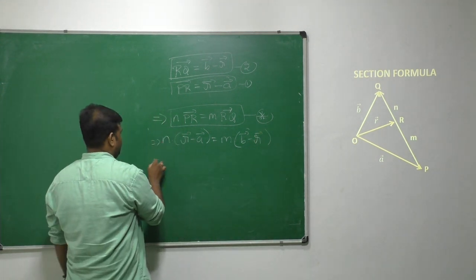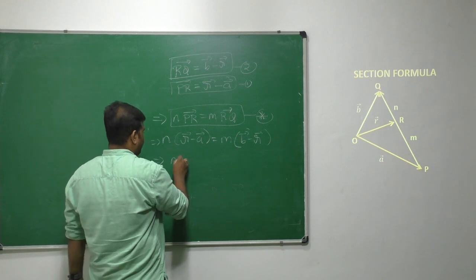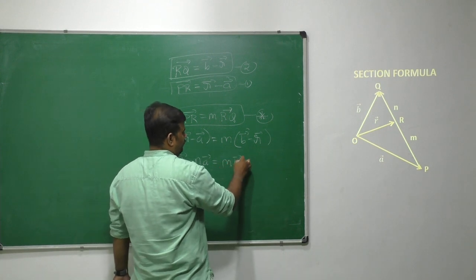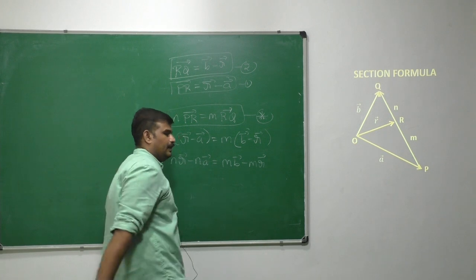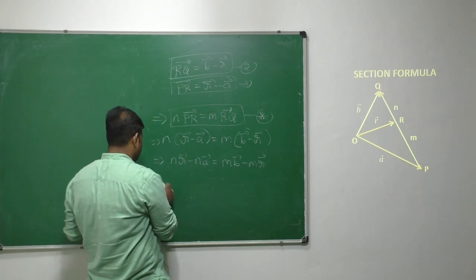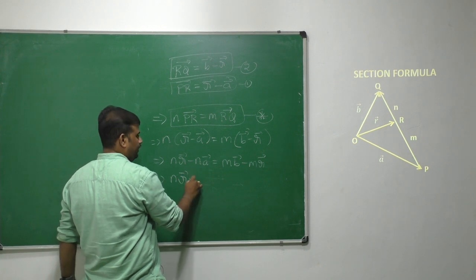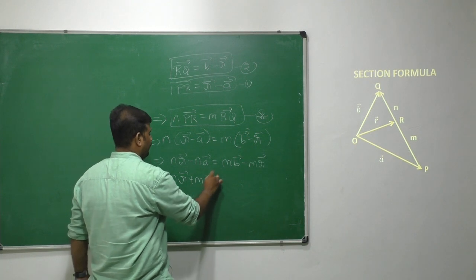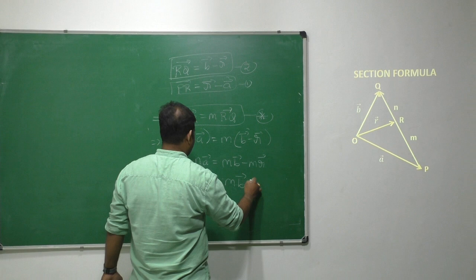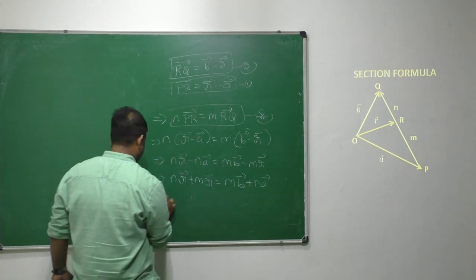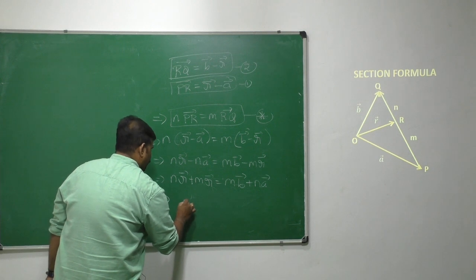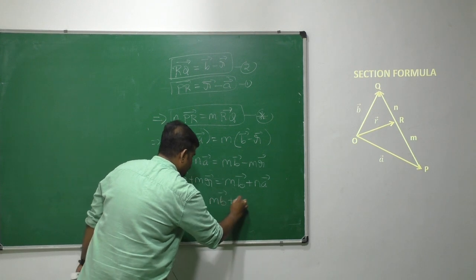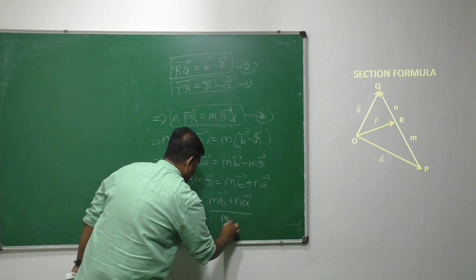This implies n into vector R minus n into vector A is equal to m into vector B minus m into vector R. Taking like terms to this side, n into vector R plus m into vector R is equal to m into vector B plus n into vector A. Finally, we got vector R is equal to m into vector B plus n into vector A divided by m plus n.